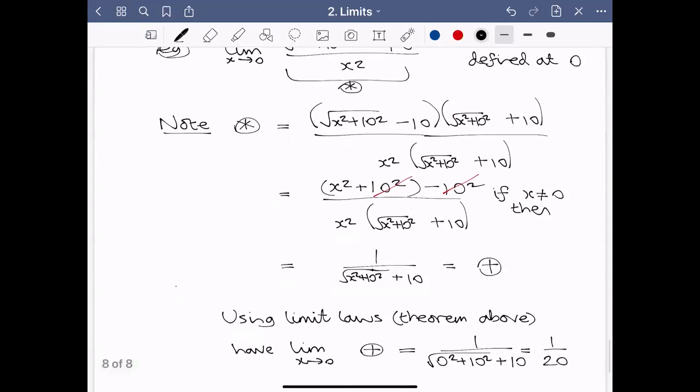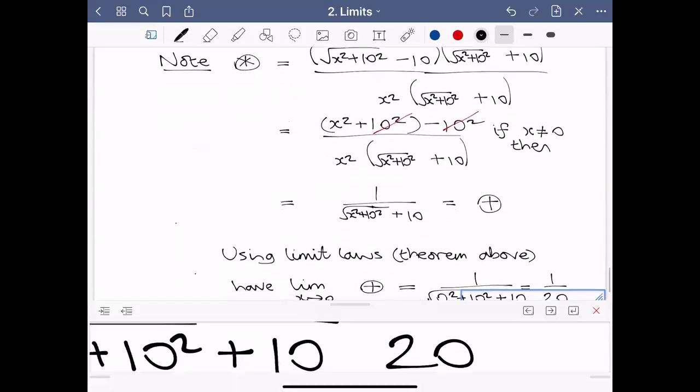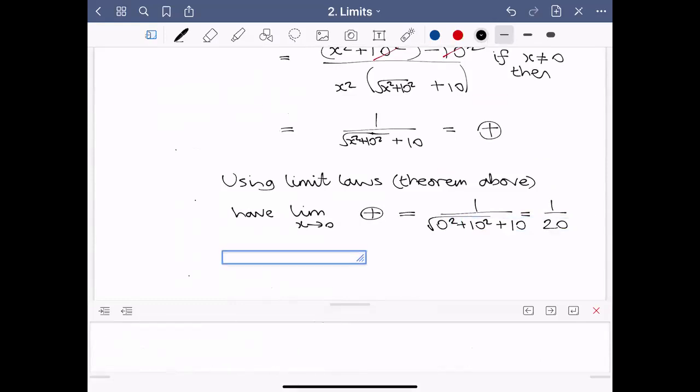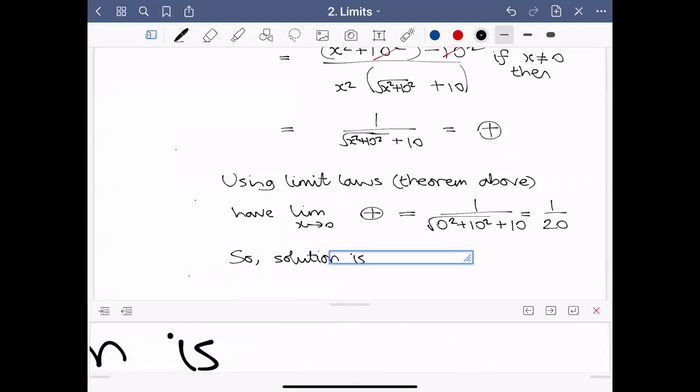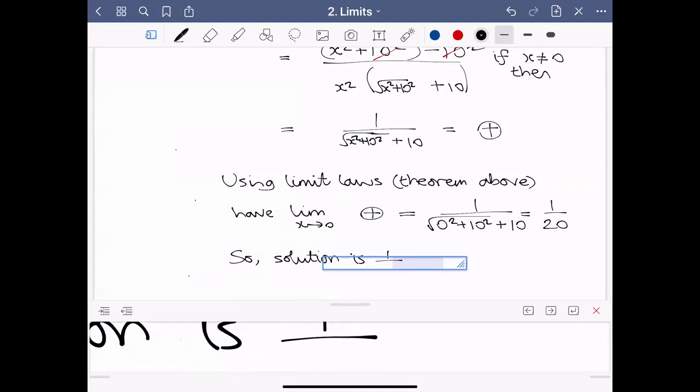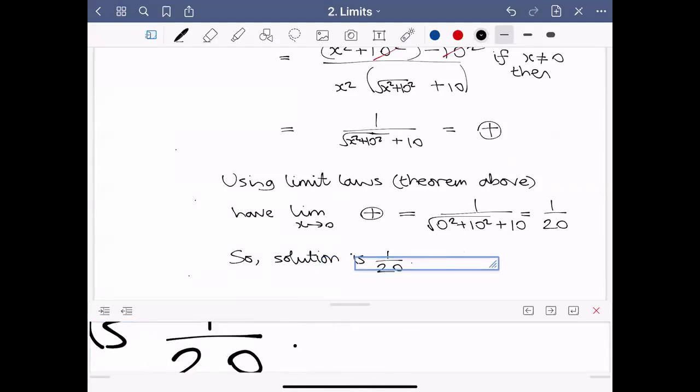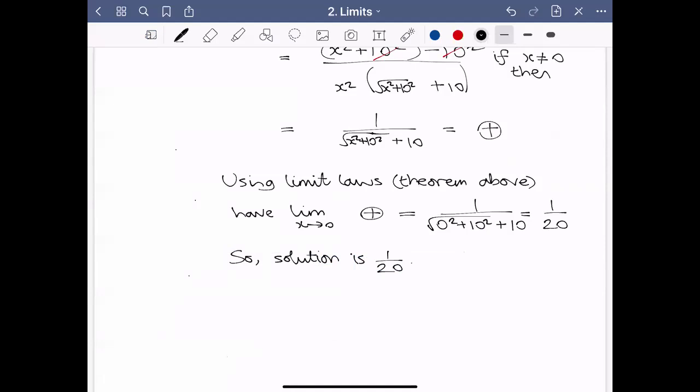And so the solution is 1 over 20. Okay. So that's some examples of the limit laws.